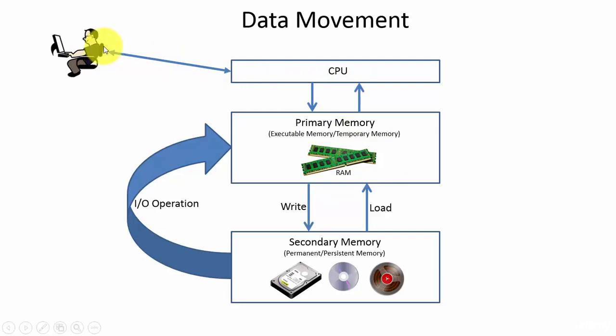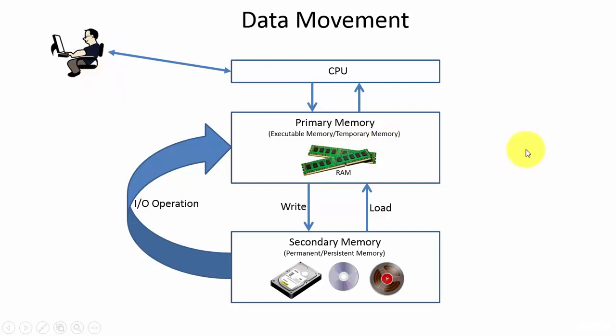Okay, when the user requests the data, the processor cannot directly read the data from the storage device and send it directly to the user. It has to read the data, load it in the primary memory, process it, and then send it to the user. Okay, remember this point.